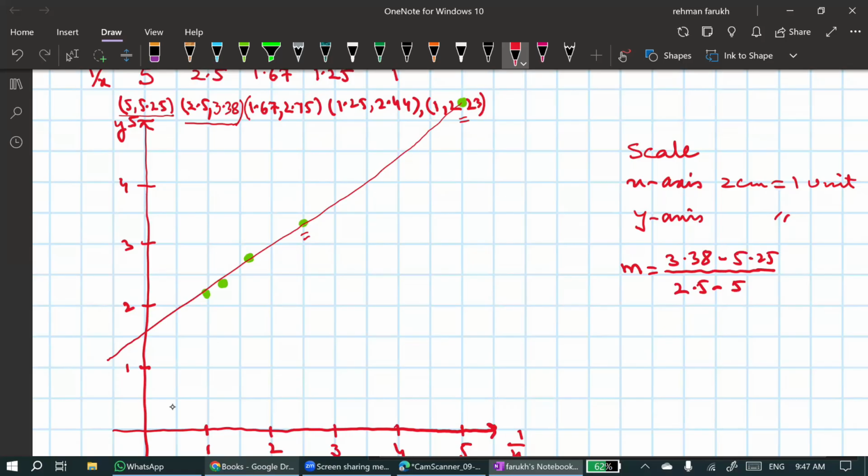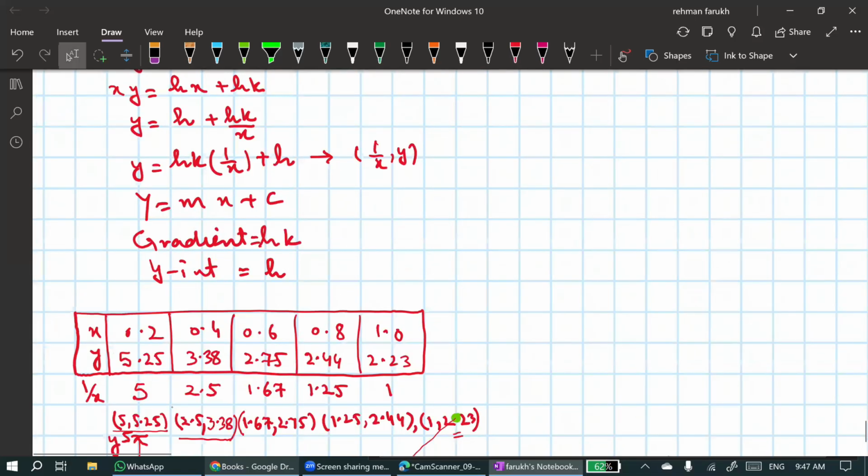What's the final answer? 0.75, and the gradient is equal to hk.